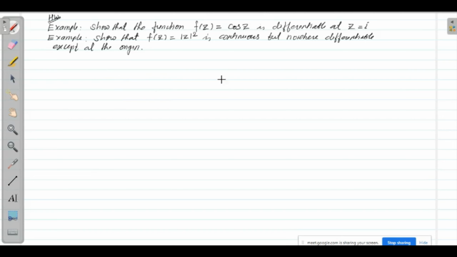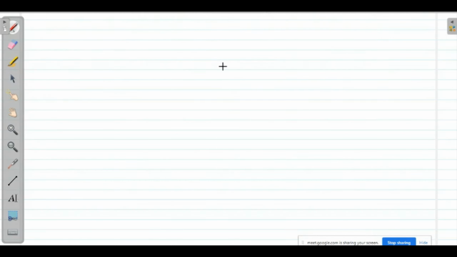Apply the definition of mod z there and show that the function is differentiable only at the origin and not anywhere except the origin. Getting? In this way you can solve these two problems. I hope you understood how to solve this problem.